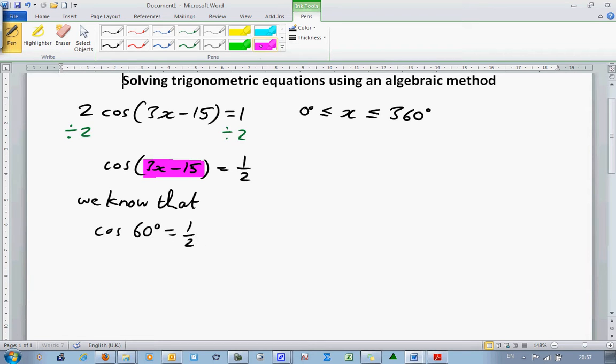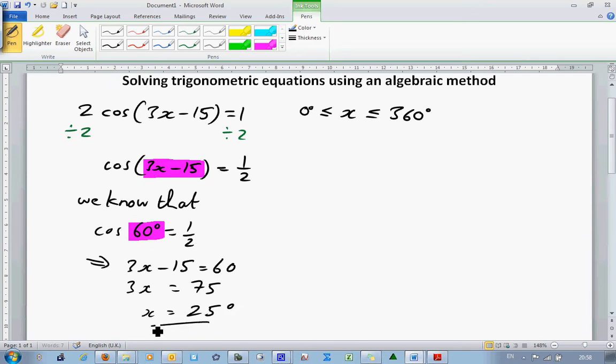In other words, 3x minus 15 must be 60 degrees. This leads us to 3x equals 75, so x must be 25 degrees as a solution. But our domain is from 0 to 360, so have we got all the solutions?